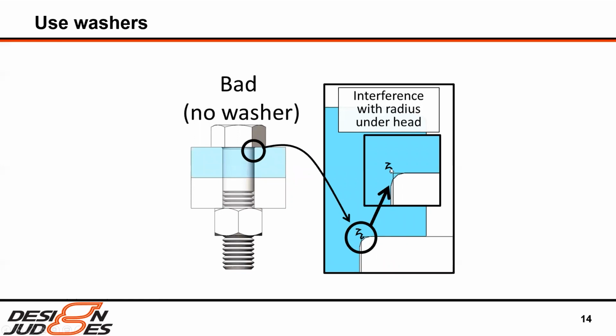And so if you try and just tighten it down, you're actually going to have this corner pushing in here and interfering with the radius of your head, potentially popping it off. So washers will have some space and some radius to them on one side to handle that.